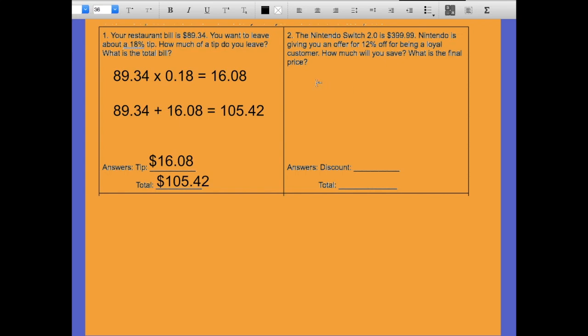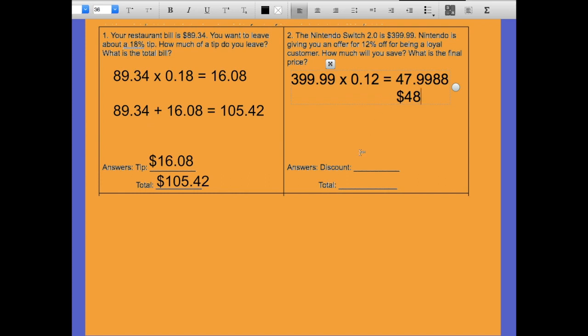Next, we have the Nintendo Switch 2.0 is $399.99. Nintendo is giving you 12% off for being a loyal customer. How much will you save? So I still have to find 12% of that. When we do that, we get 47.99 and then an 8 after it, and realistically, when we round up, that is going to be $48.